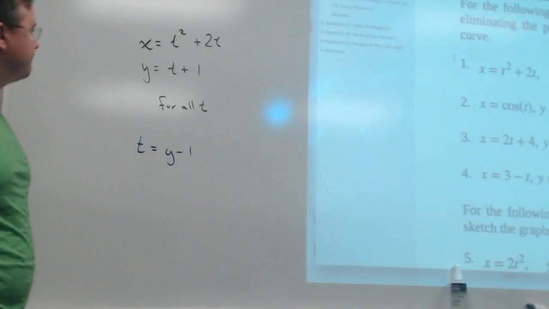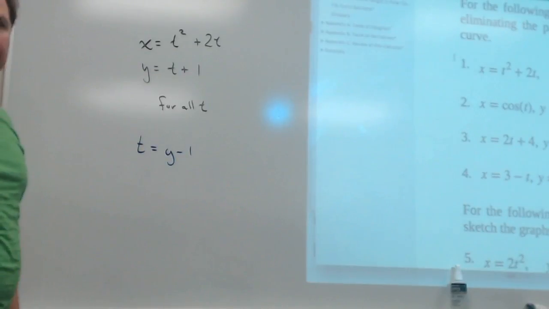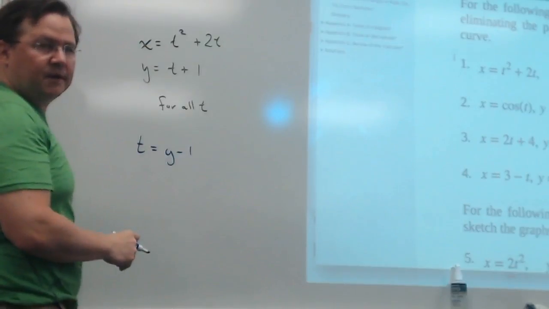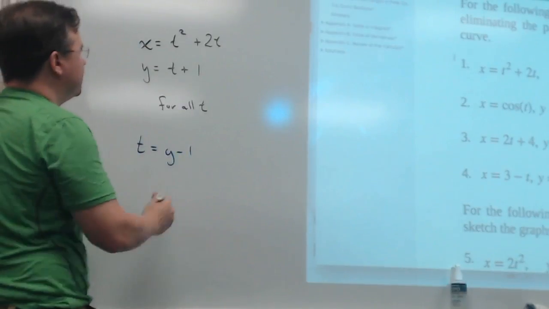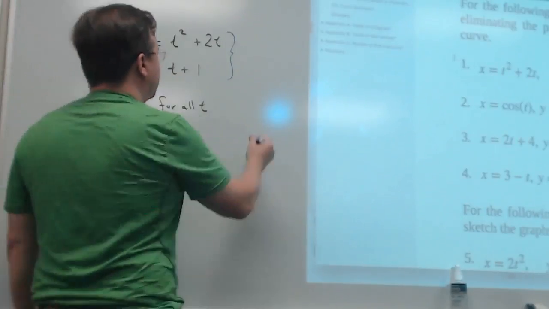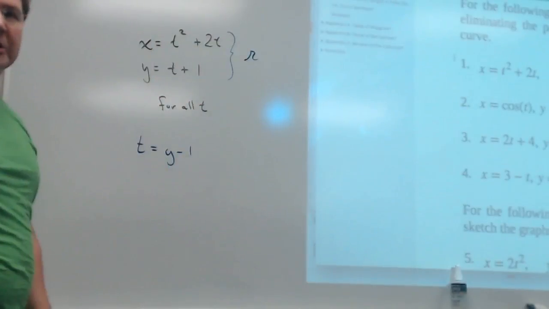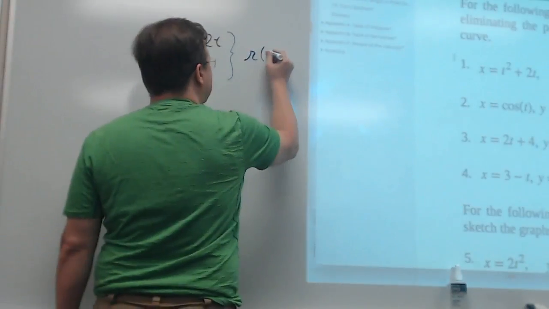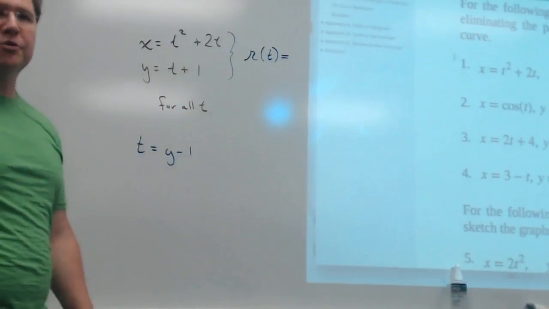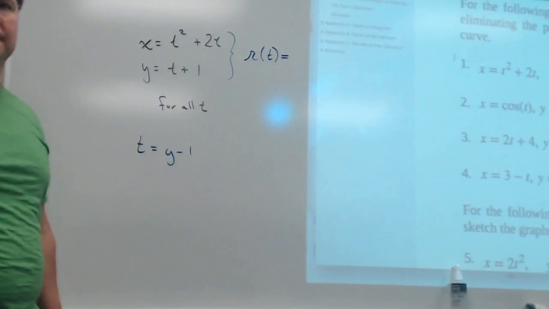One thing I mentioned last time, when you weren't here, is that a lot of times I like to express this in a different way, a little more sophisticated way of saying the same thing. I define a new function, which I'm calling r. R is a function of t, so it's a function of a single variable, but the output is not a real number. Rather, it's a vector.